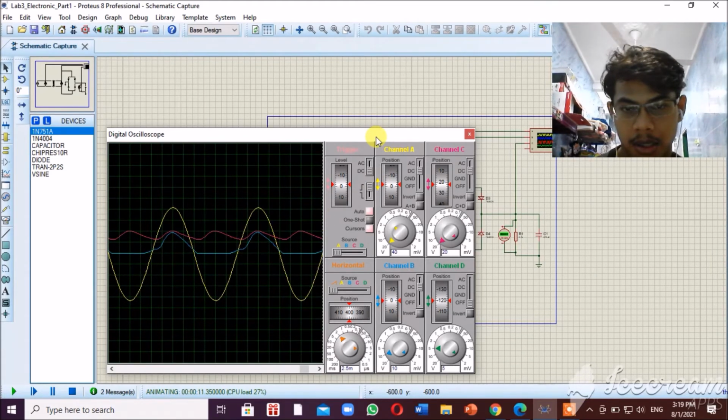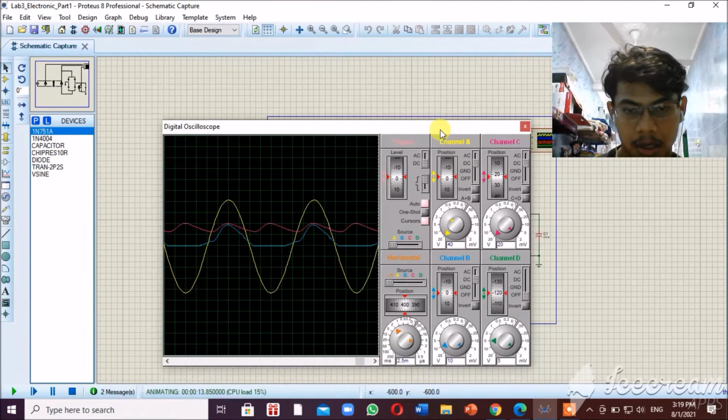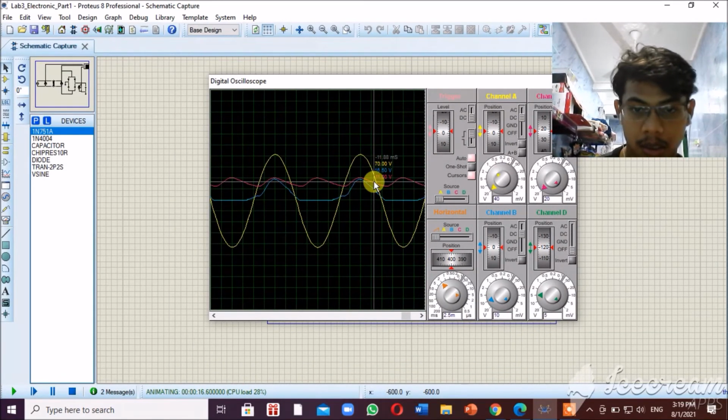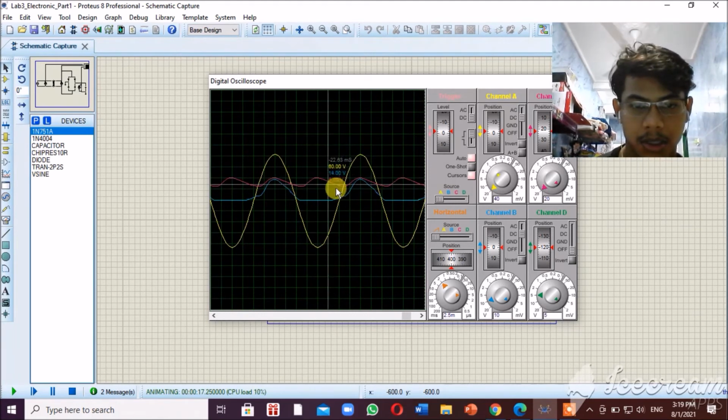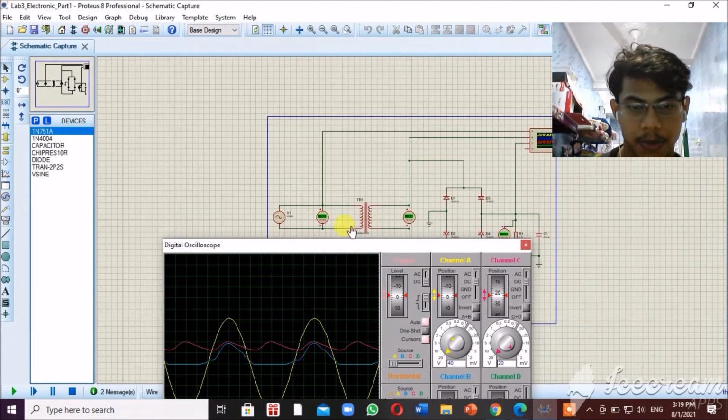The red sine wave is after rectification. The red one is filtered and the blue one is unfiltered, and the yellow one is the input voltage of the primary before the secondary.